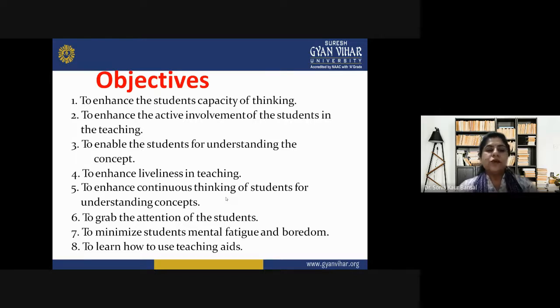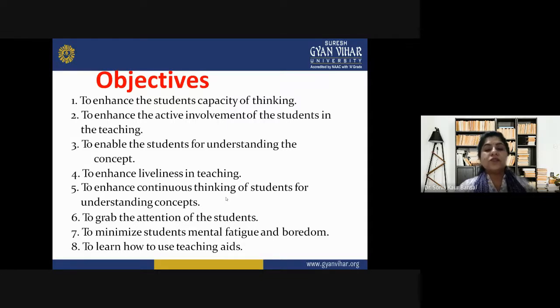All right. So enhance the active involvement of the students in the teaching, to enable the students to understand the concept, and to enhance liveliness in teaching is also very important. To enhance continuous thinking of students for understanding concepts and to grab the attention of the students is also very important.